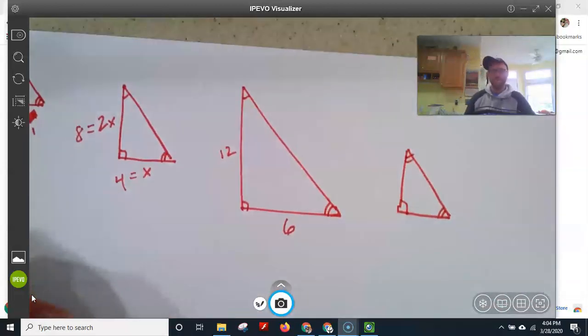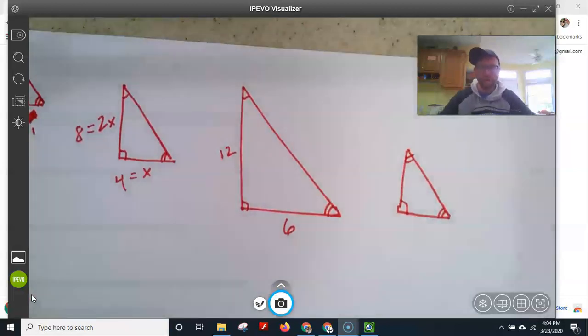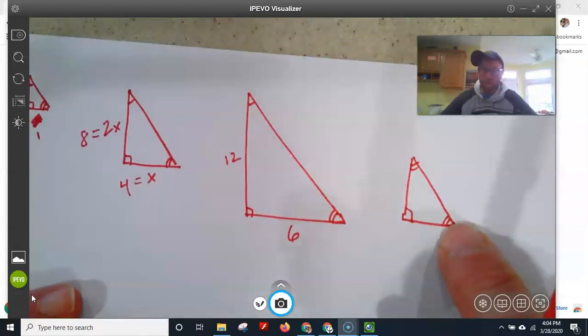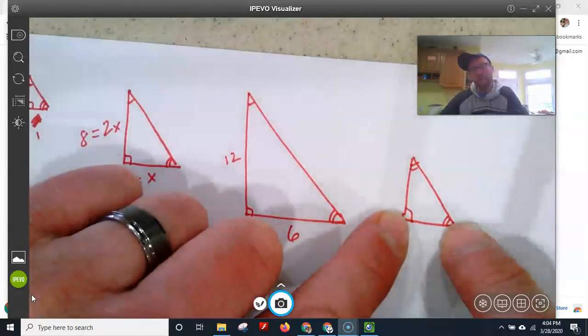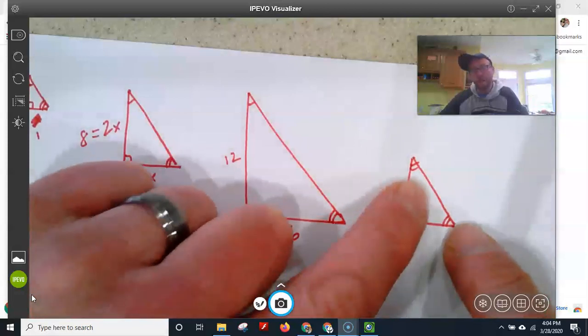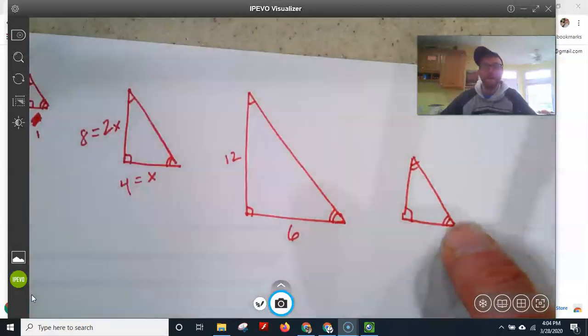Okay? And this is where our trigonometry comes in. In a right triangle, if I know this angle right here, because I know that the right triangle has a right angle in it, if I know this angle, I automatically know that angle.